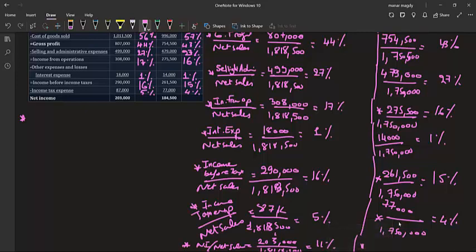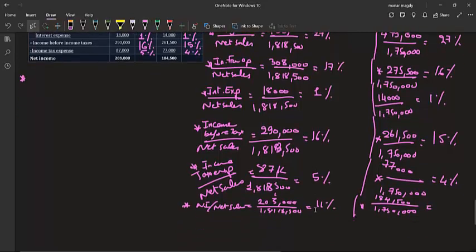And with regards to the previous year, $184,500 over 1,750,000, we're going to get the same percent, 11%.